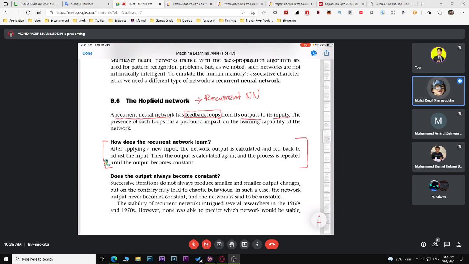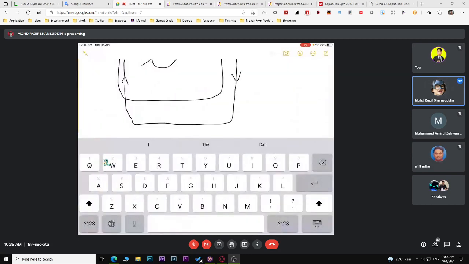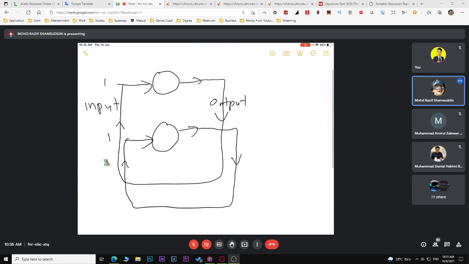So apa maksud dia? Okay, proses pengulangan daripada input ke output ini berlaku sehingga, maaf saya cakap bahasa Melayu sebab saya nak you faham dulu. Okay, so input dan output dia berlaku sehingga output dia sama macam input.